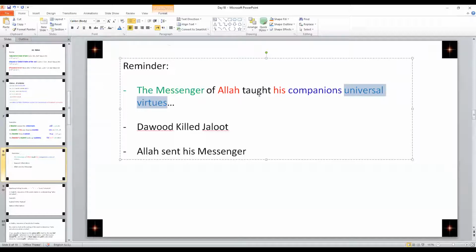Some of the fi'ls you will be told later can demand more than one maf'ul. So in this case, the whole of that is in nasb status. This is in jar status, and this is also in jar status, but this one is in rafa status.